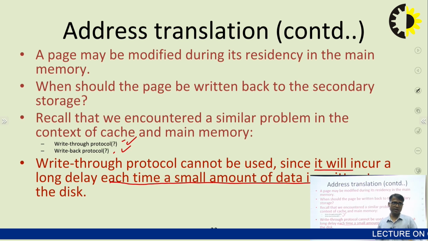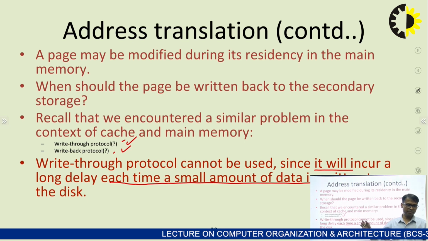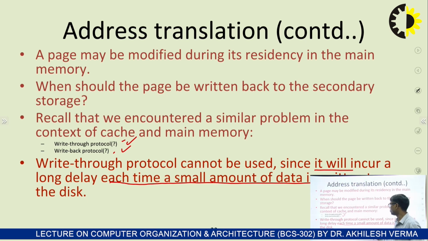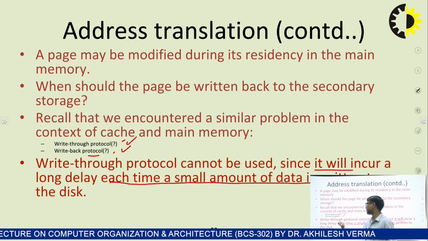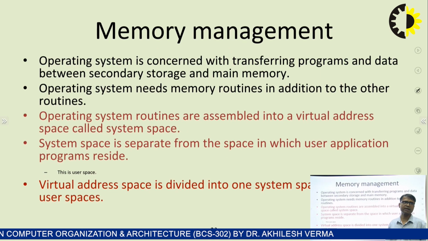This is a very important consideration. If the access time between memory and the hard disk is high, why should we do an update every time? So write through is not good for virtual memory. We will go for the write-back protocol whenever the next cycle comes.